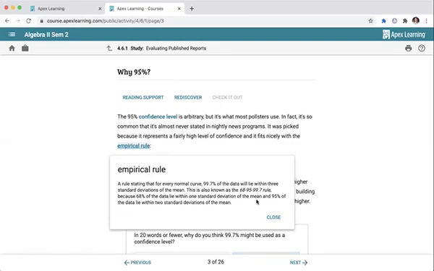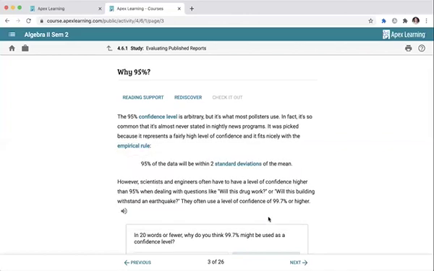Under the empirical rule, 95% of the data will be within 2 standard deviations of our mean. That's how we get this value of 95%.